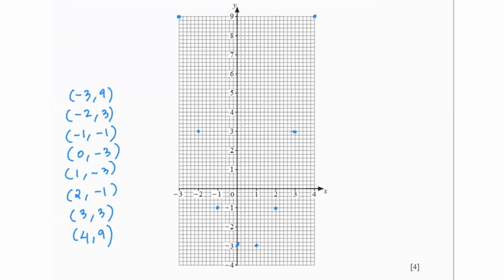So I'm going to try my best to make a neat graph. So this is your quadratic graph for the given values.